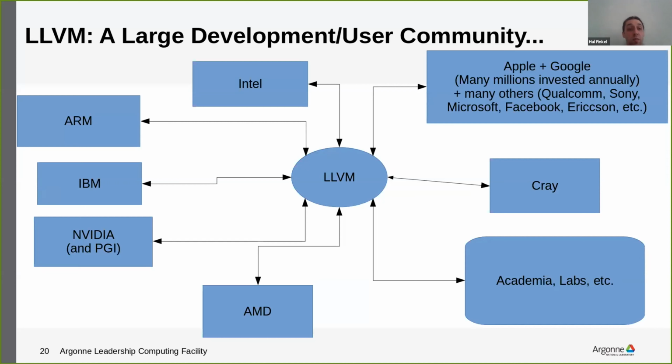So all of these companies use LLVM for products that they ship, and also contribute back to LLVM. And that's in addition, of course, to companies that make substantial contributions to LLVM but are not traditional HPC companies, such as Apple and Google and Microsoft and so on. Plus, of course, we have contributions from academia and from the national labs as part of this effort and as part of other efforts.